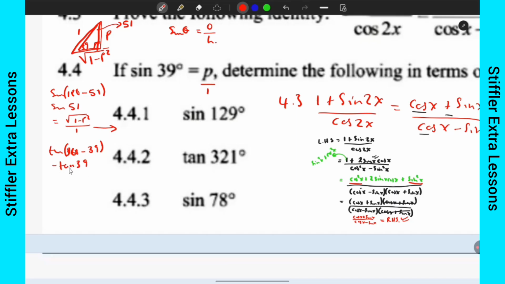So what is the value of tan of 39? When we are here at 39, what is the value of tan? Tan is opposite over adjacent. So this will be negative p over root of 1 minus p squared, like that. So now we have to deal with sine of 78.